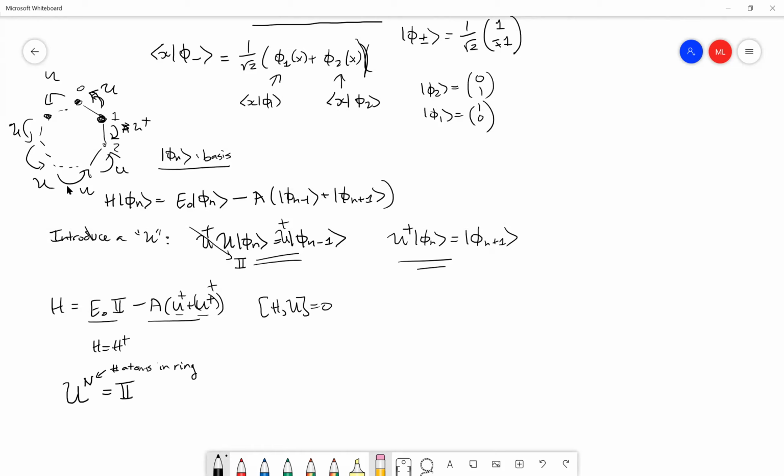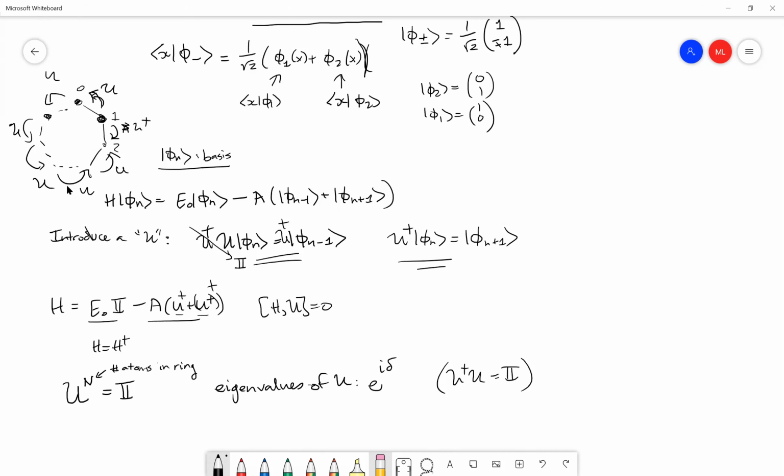And moreover, remember that the eigenvalues of a unitary matrix always have the form e to the i delta, where delta is just some phase, since U dagger U is equal to the identity.